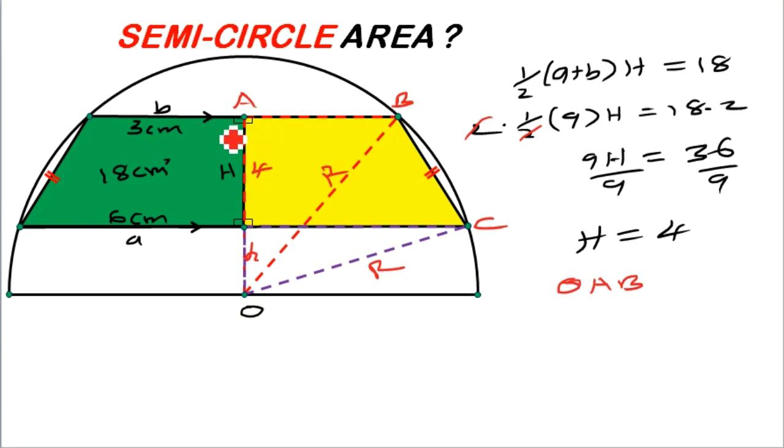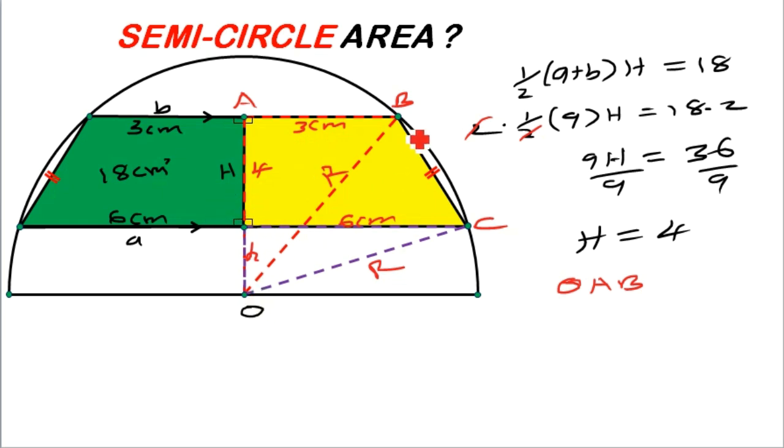So when we have a right angle triangle, remember this length was 6 cm, it was divided into 3 cm and 3 cm. This length was 12 cm, it was divided into 6 cm and 6 cm. So if you take triangle OAB, that is a right angle triangle, and we can use the Pythagoras theorem.